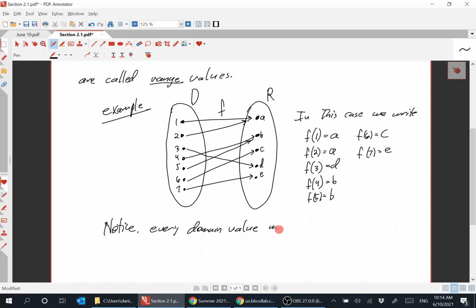Every domain value maps to one range value. However, range values can come from multiple domain values.